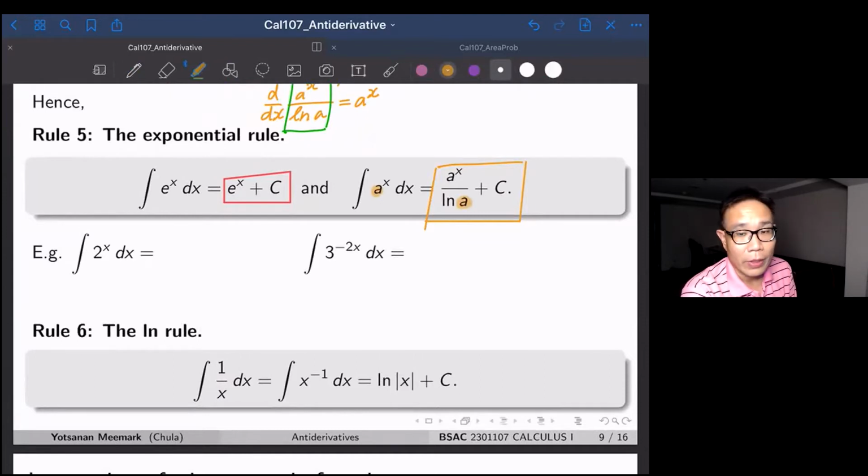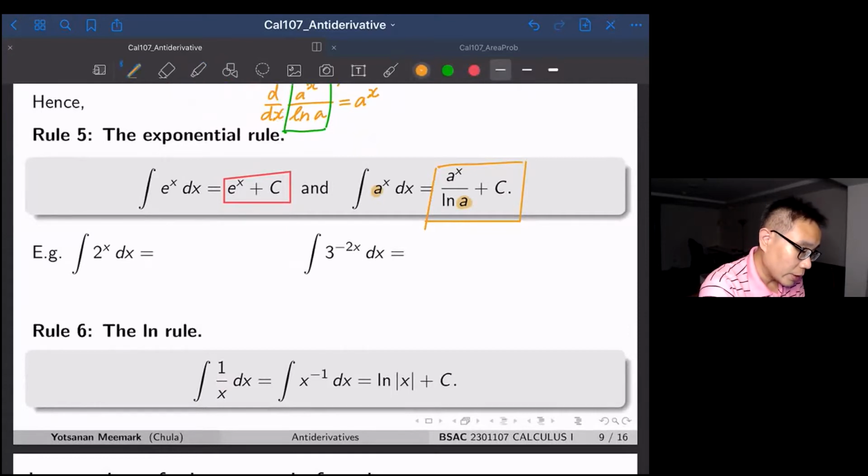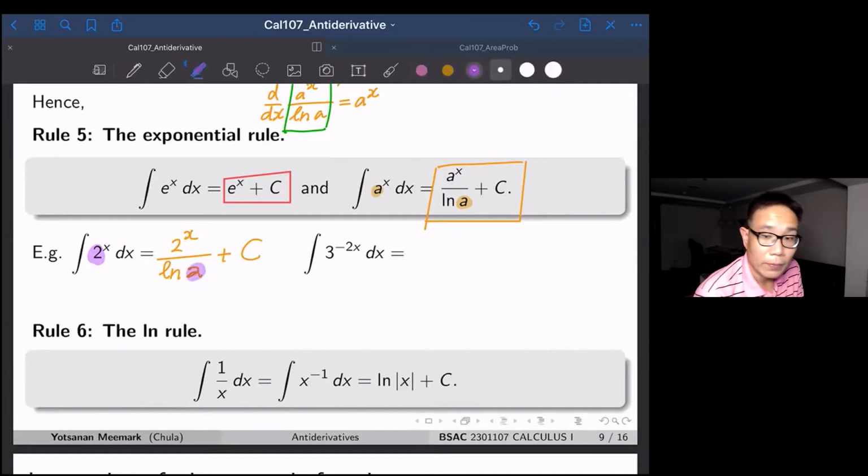So integrate a to the x is not a to the x, it's a to the x over log a. In this case a equals 2, so this will be 2 to the x over log 2 plus c.